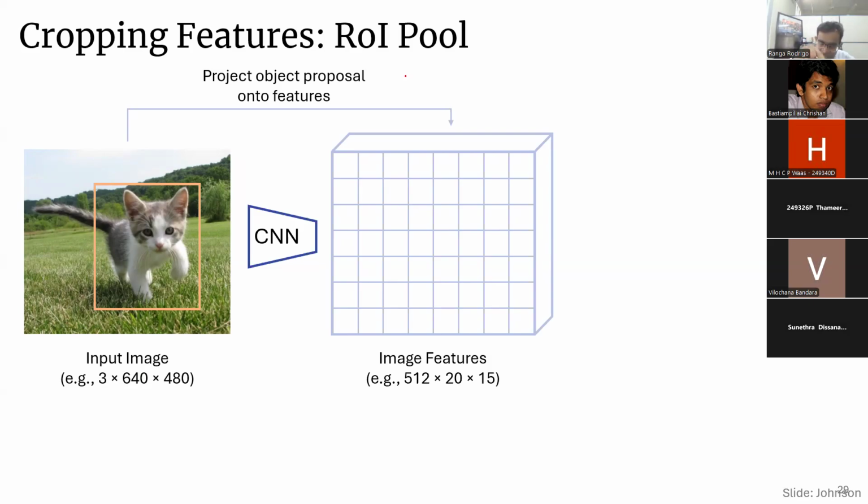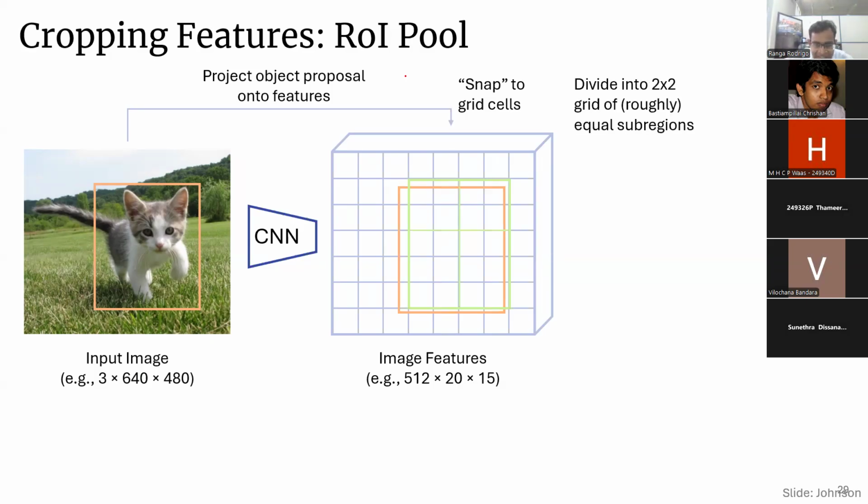These object proposals are from the selective search and their size is known on the image. The feature map is of different size, but we project that onto the feature map. Assume that this is the region proposal box. Then you snap to grid cells. You find the closest ones and snap to that.